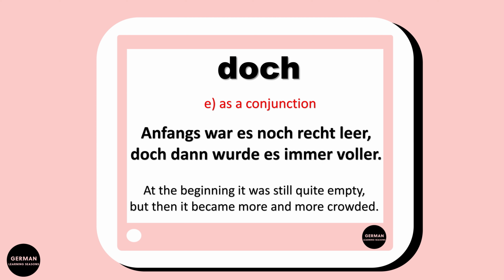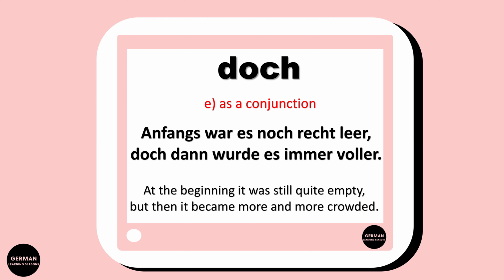It can be also used as a conjunction. For example, anfangs war es noch recht leer, doch dann wurde es immer voller. So this means at the beginning it was still quite empty, but then it became more and more crowded.